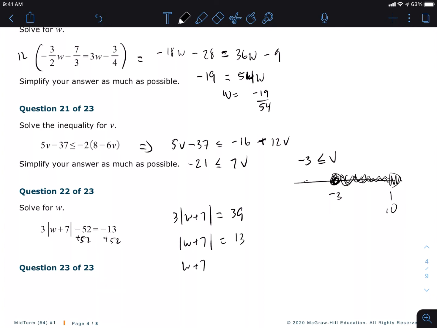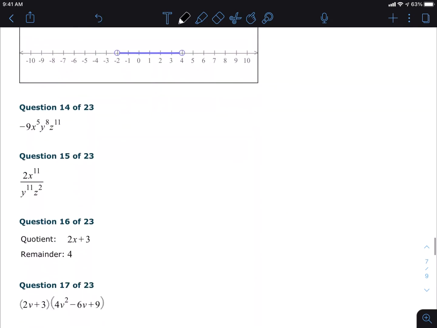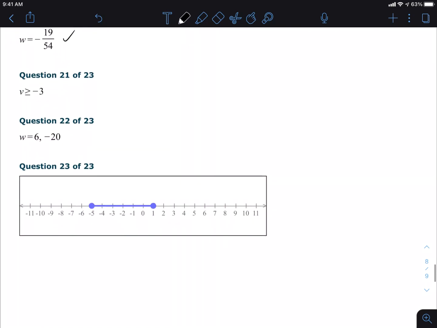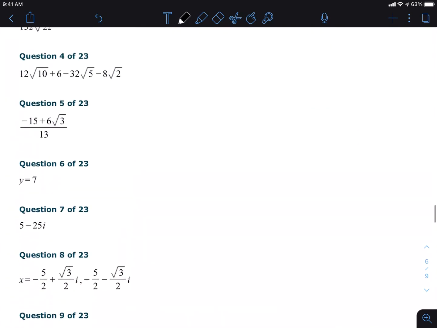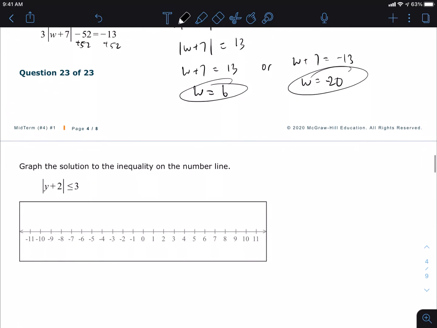And then w plus 7 is equal to 13, or w plus 7 is equal to a negative 13. Subtracting 7, I'm going to get 6. Subtracting 7, I'm going to get a negative 20. And those are my two solutions for this problem. Here and here. And I'll prove it to you. Negative 6 and 20. And I got negative 6 and 20.